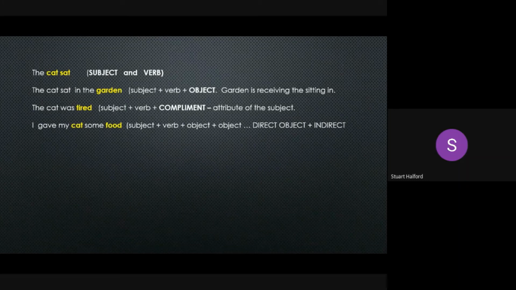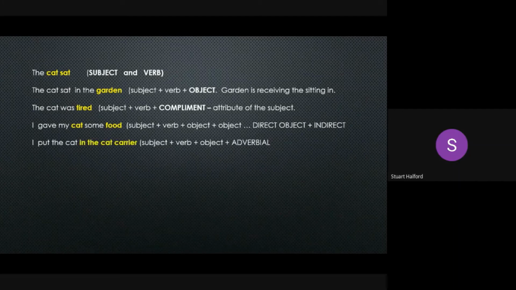Sometimes we might have two objects, and we call this direct and indirect object. So in this sentence, I gave my cat some food. What is it that's being given? What's the receipt of the giving? Well, the cat is the thing that's receiving the food.